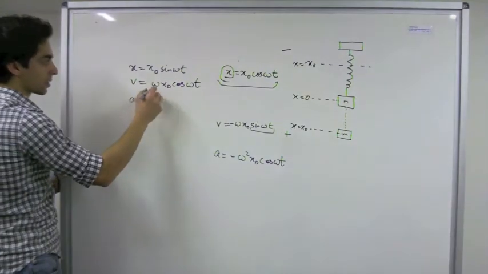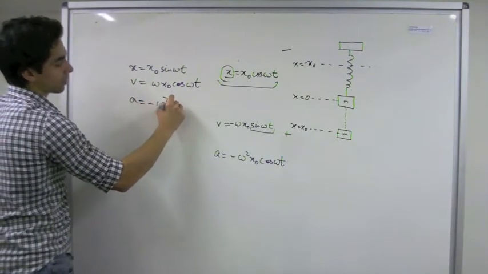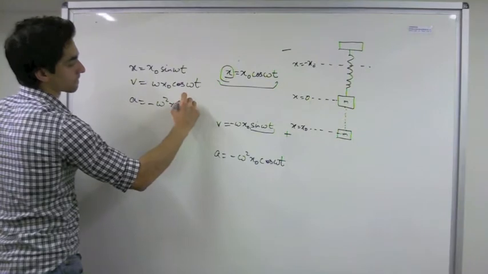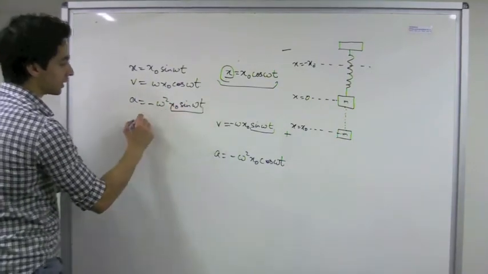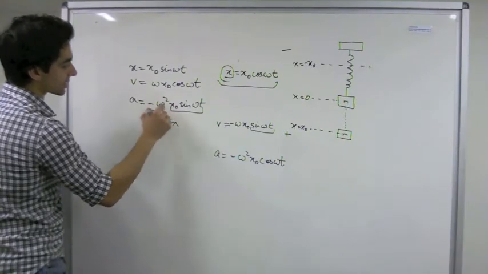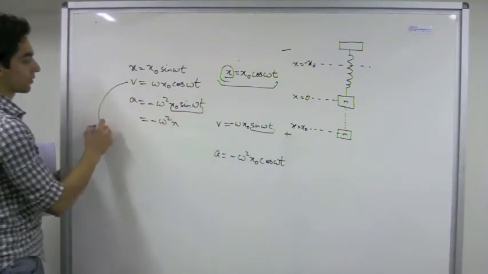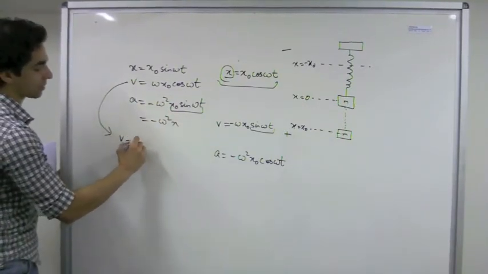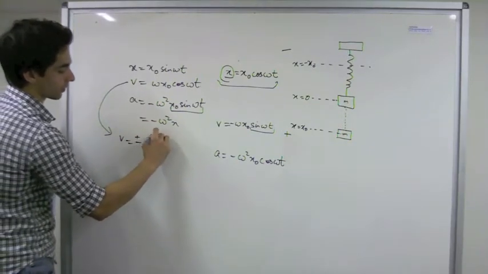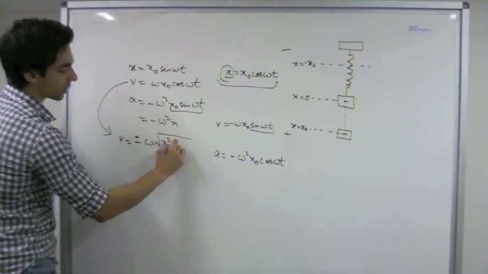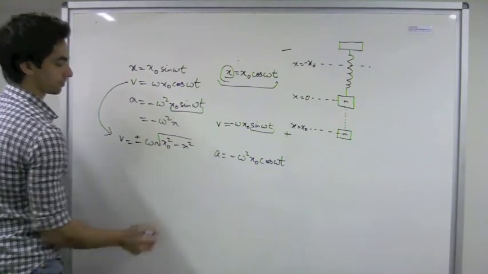Differentiate this another time and you will get the equation for acceleration. Notice that this will again yield minus omega squared x for the acceleration, and for the velocity we will always have that same relationship with displacement, plus minus omega, root of x naught squared minus x squared.